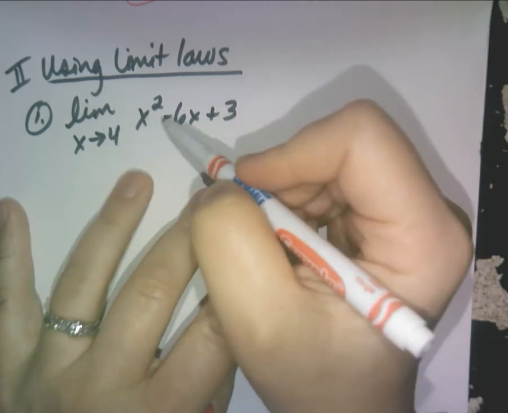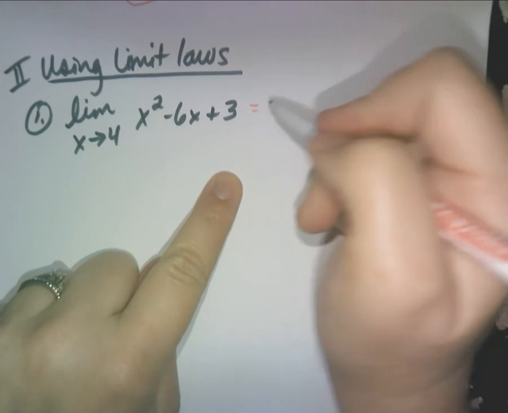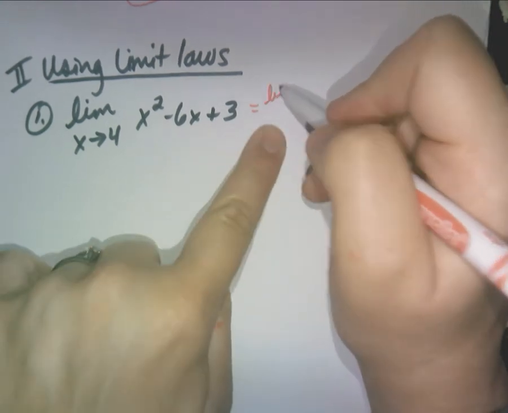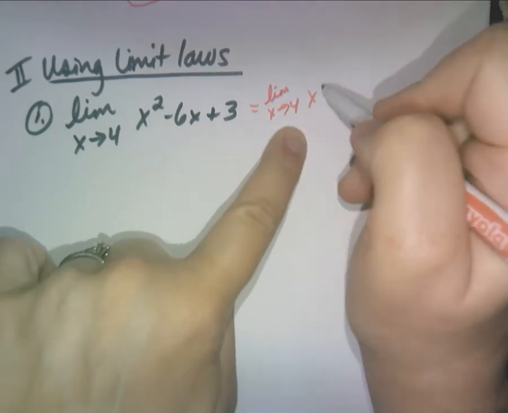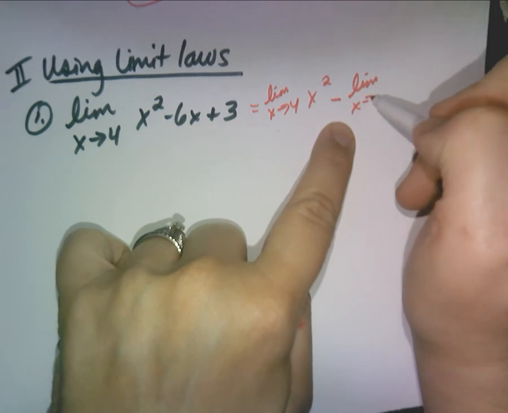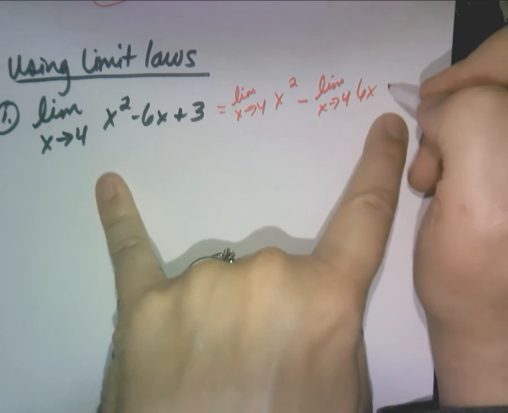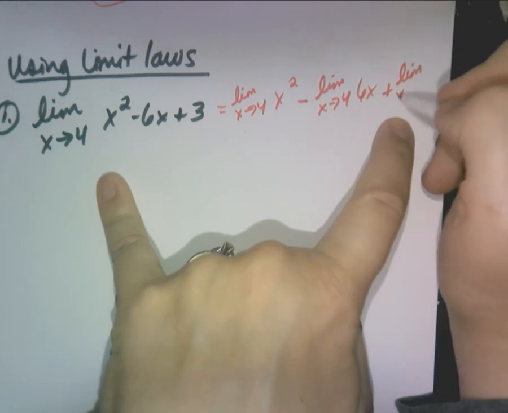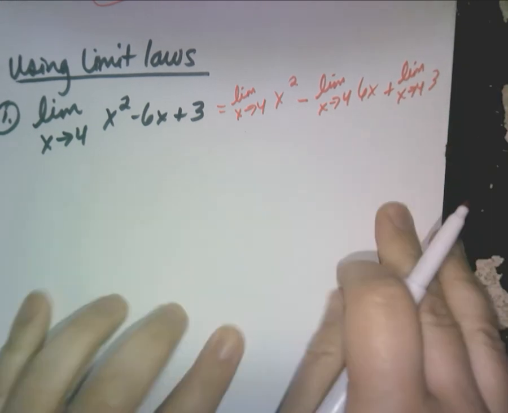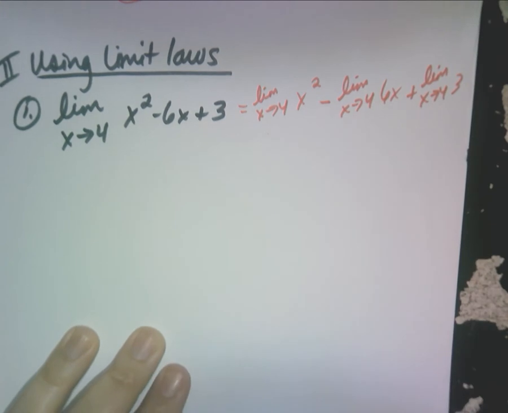So this right here, the limit of this whole function can be rewritten as so. You can actually go, hey, the limit as x goes to 4 of x squared minus the limit as x goes to 4 of 6x plus the limit as x goes to 4 of 3. I just did the limit law with addition and subtraction.